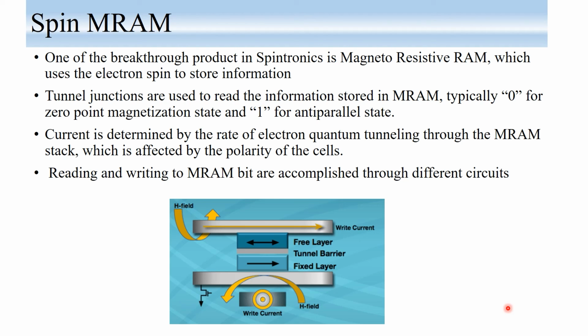The tunnel junctions are used to read the information stored in the MRAM, typically 0 for the parallel magnetization state and 1 for the anti-parallel state. Current is determined by the rate of electron quantum tunneling through the MRAM stack, which is affected by the polarity of the cells.